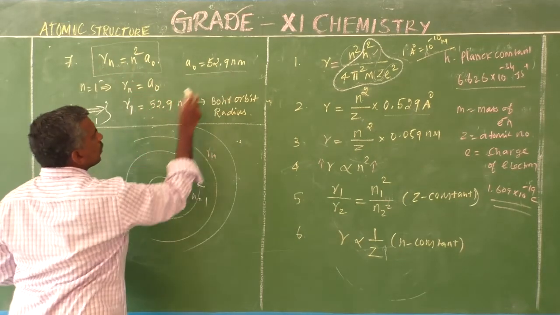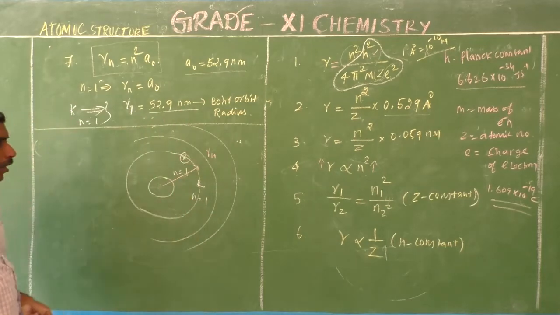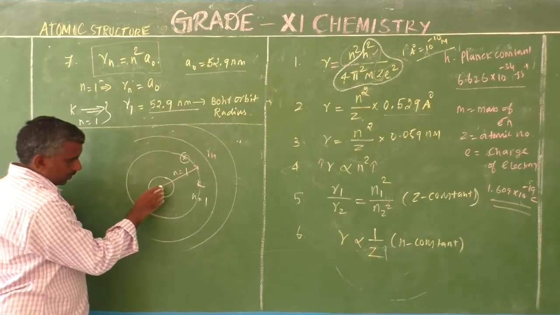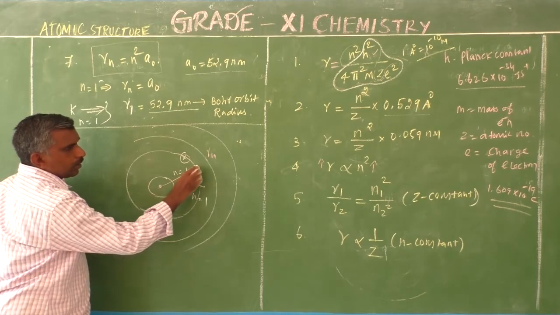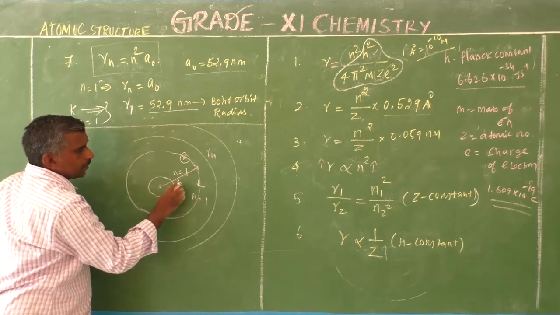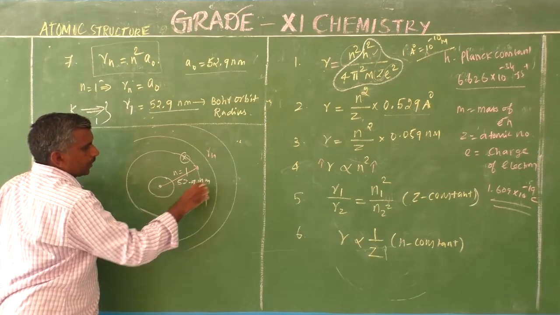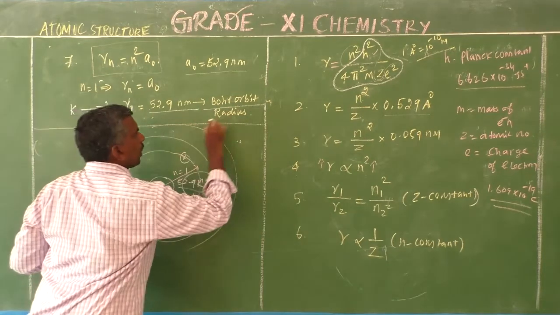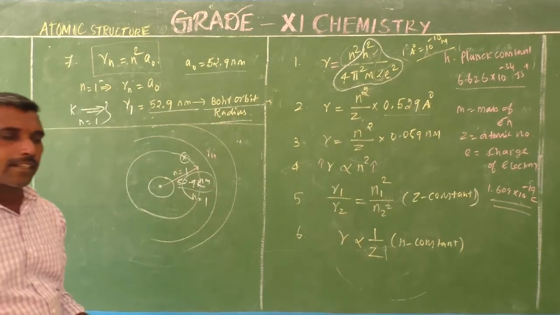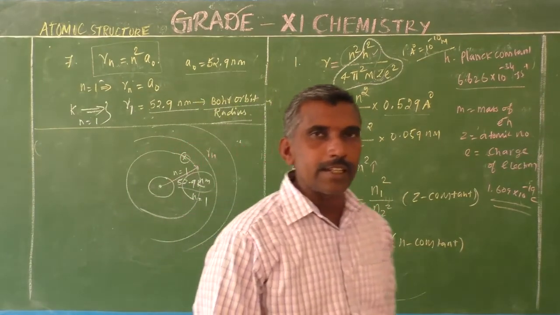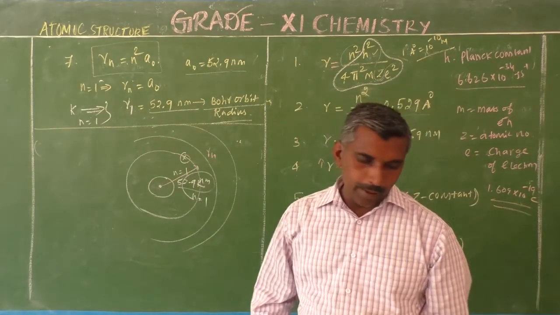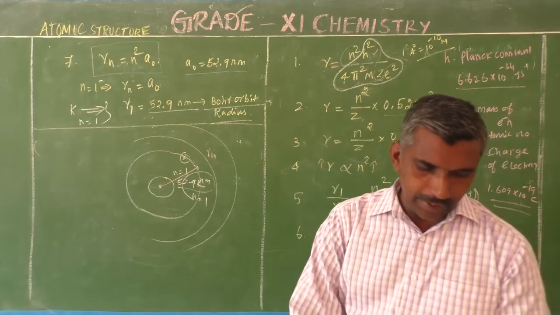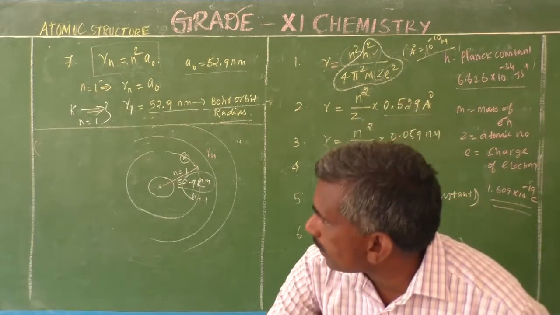What is the value of a0? 52.9 nanometer. This is the distance from the nucleus to the first K cell. In a hydrogen atom, the first cell radius is known as the Bohr orbit radius.